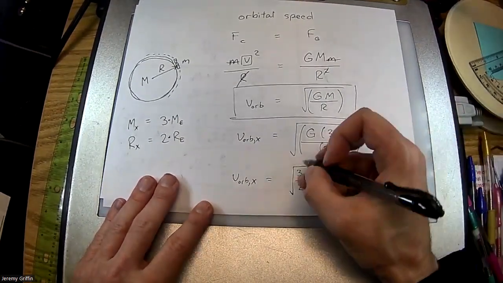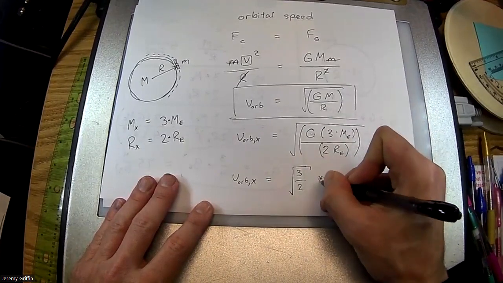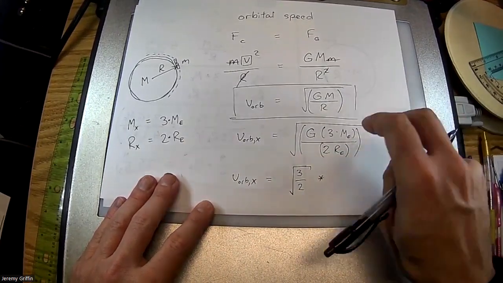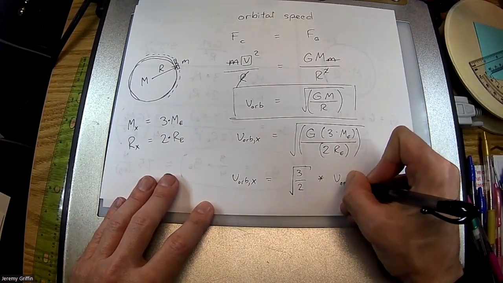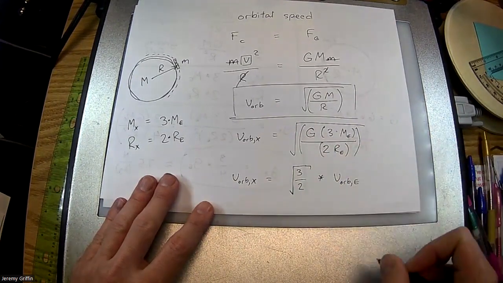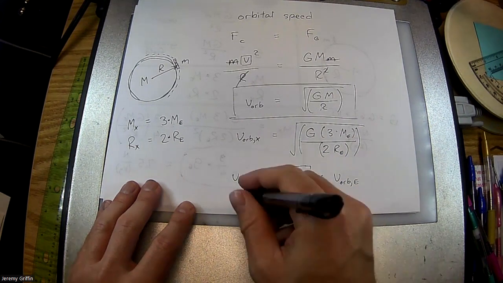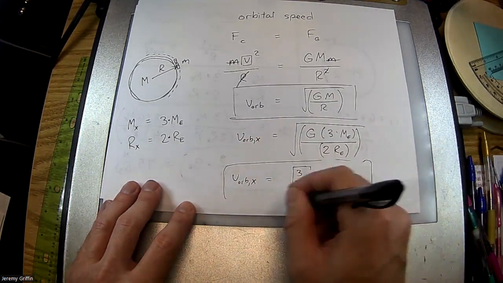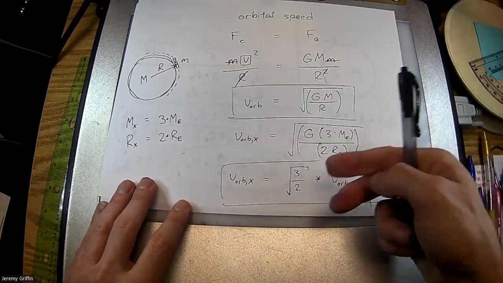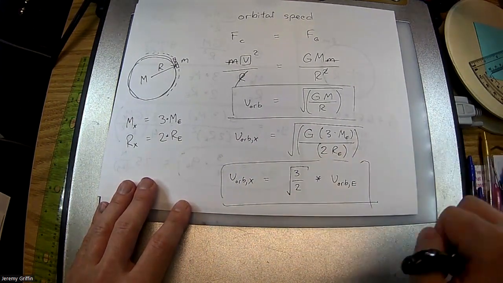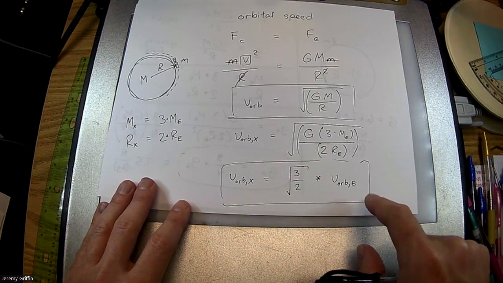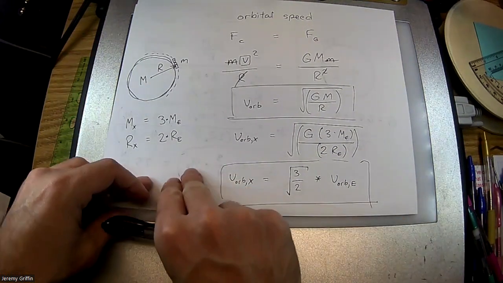You could put that in your calculator, get some number, times the square root of GM over R, which is v orbital for Earth. You guys can see it? Still substitution at the end. Because everything other than the 3 and the 2 is just the orbital speed for Earth.